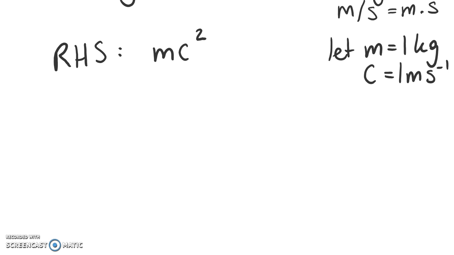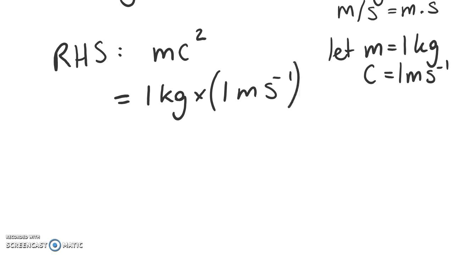So we can see what's happening with the units rather than watching what's happening with the numbers. Okay, so if we have mc squared, that's 1 kilogram times, now in brackets, 1 meter per second, all squared. It's really important if we are squaring a number, make sure that we square the units as well.